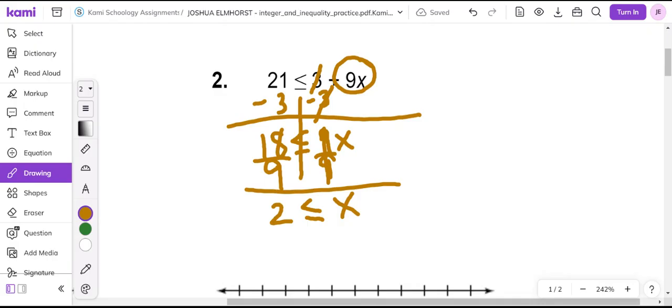But there's only one issue with this, how we graph it. Is the variable on the left side or the right side? Now it's on the right side of the comparison sign. So this variable comparison, instead of saying x is greater than or equal to, it's saying 2 is less than.